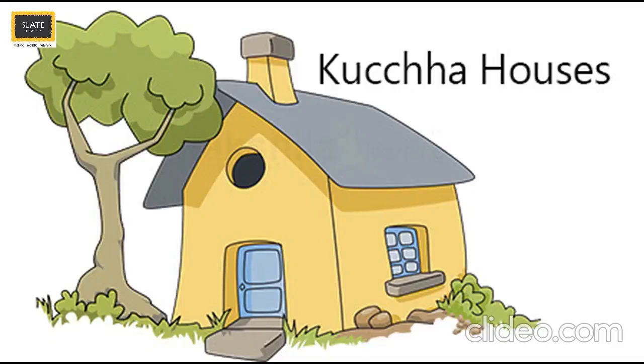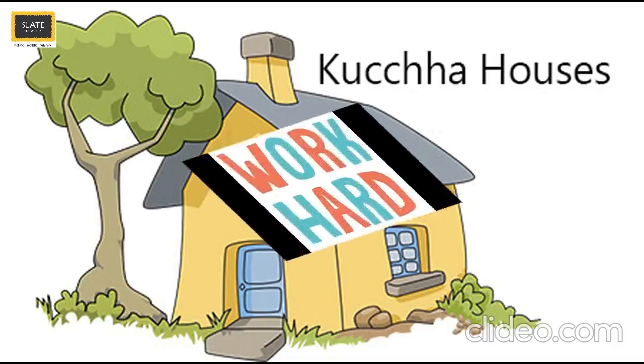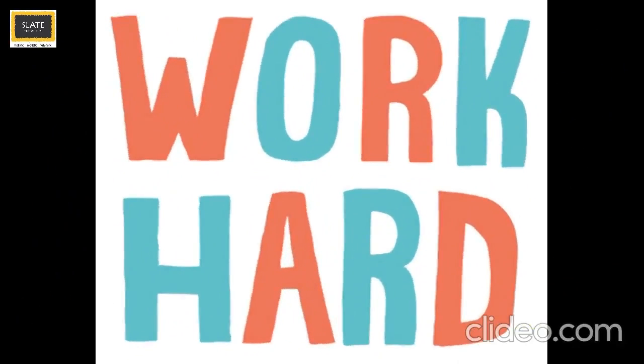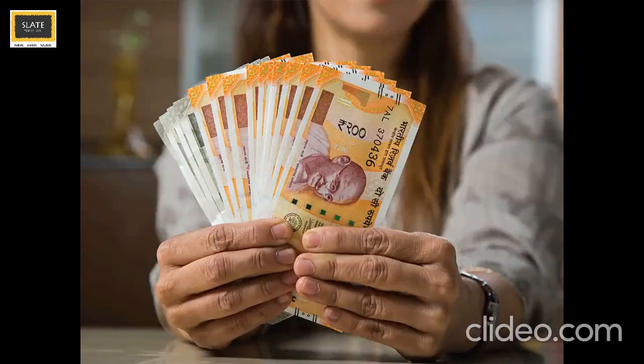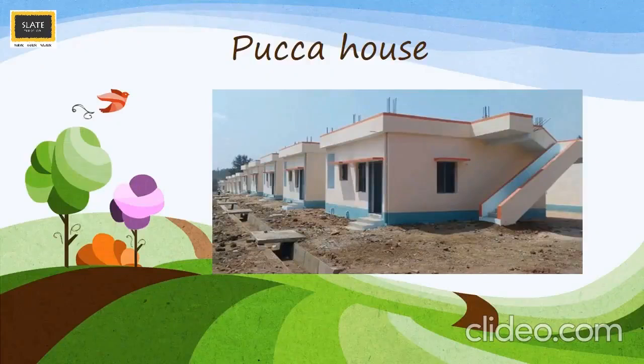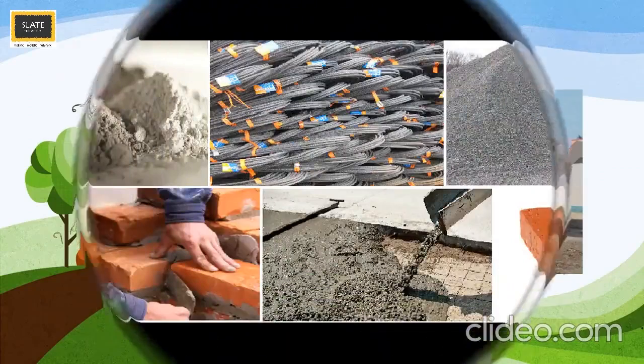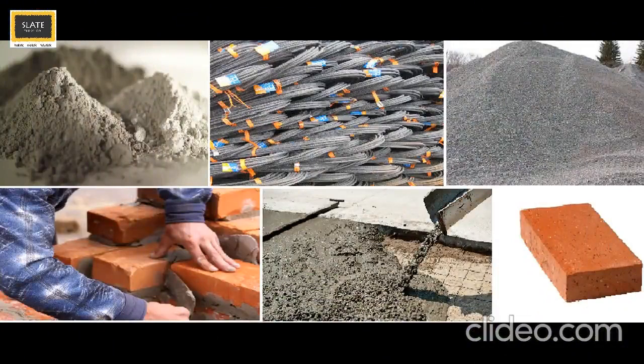So slaters, due to various maintenance issues involved in Kachcha houses, many people work hard, earn money and then build Pakka houses. Pakka houses are strong and sturdy compared to Kachcha houses. Pakka houses are made by using materials like bricks, cement and iron.